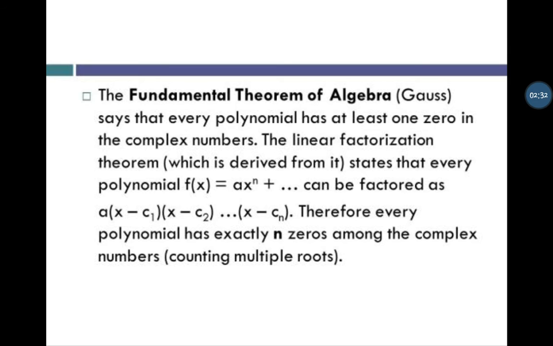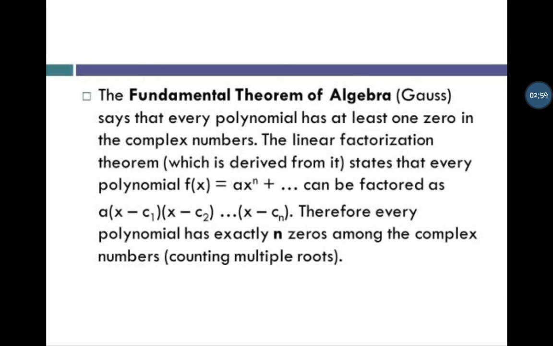What does that mean? The linear factorization theorem states that every polynomial f of x can be factored as a times (x minus c1), (x minus c2), and so on up to (x minus cn), which gives all the zeros. Therefore, every polynomial has exactly n zeros among the complex numbers.